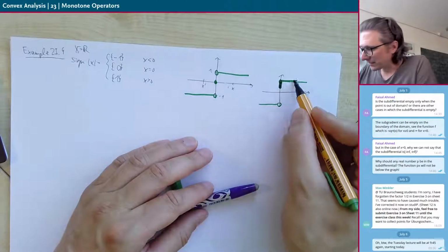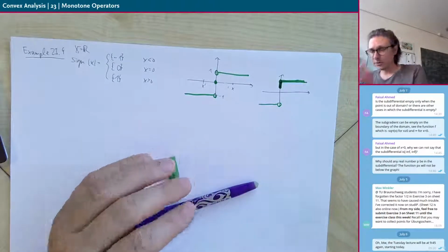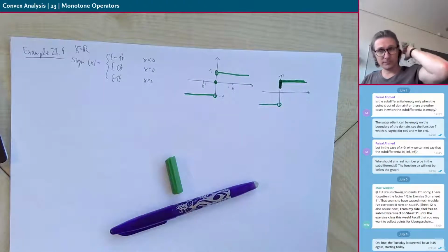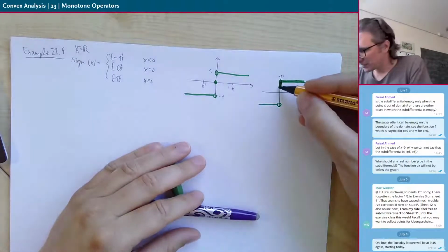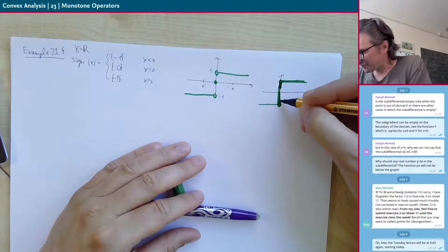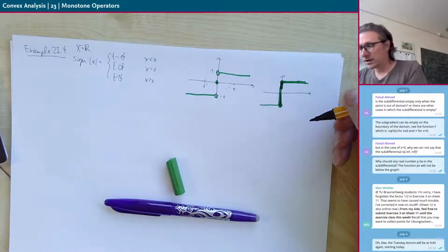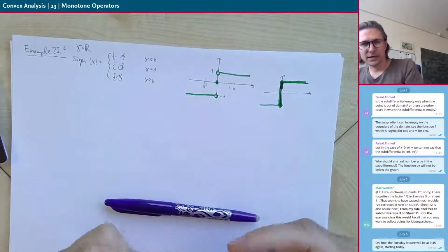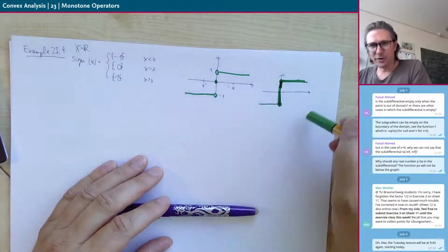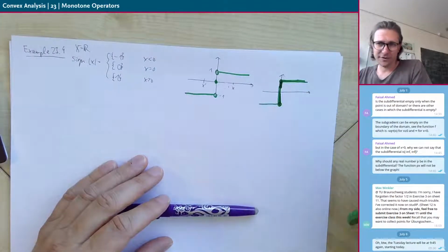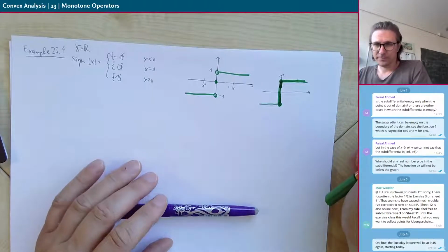Why not? It's possible. It's set-valued now, and it's still monotone. And so what is the largest thing you can get? You can even do it like that. You can add the full interval from -1 to 1 to the graph. And then this is maximal monotone. Now if you try to add any other point of the plane to the graph, you will notice that this is not monotone anymore. Okay.